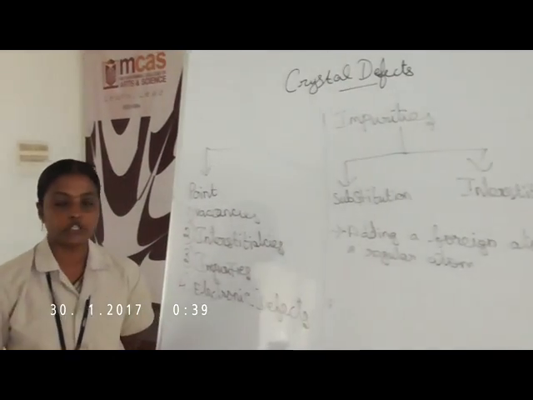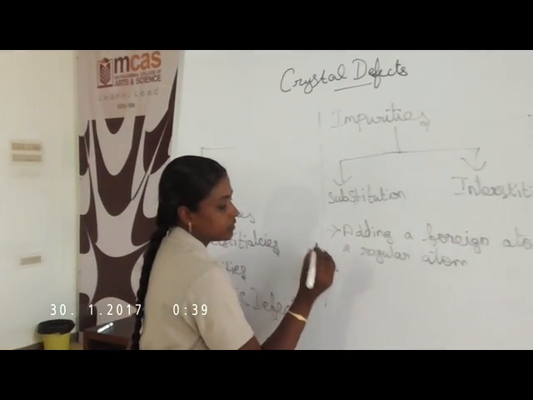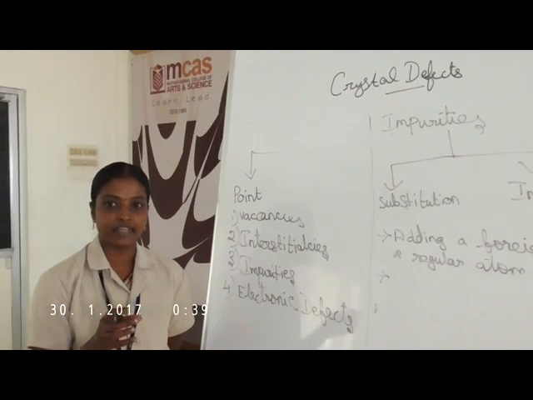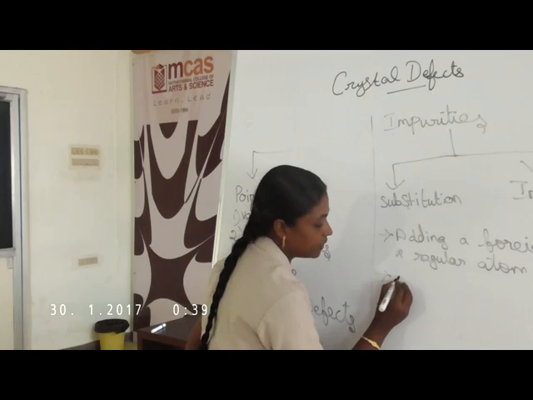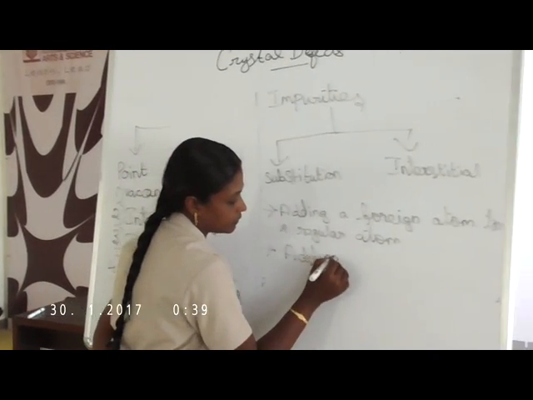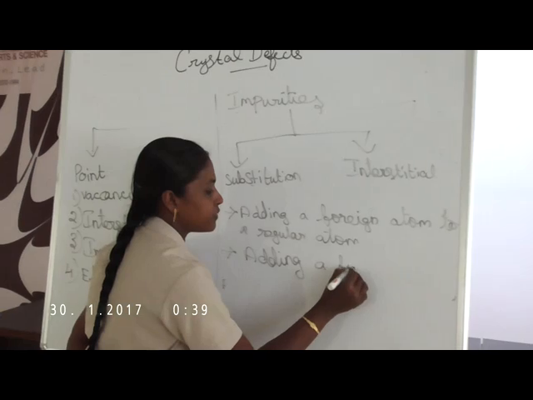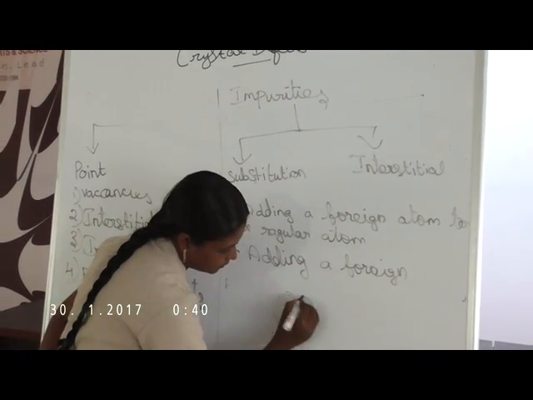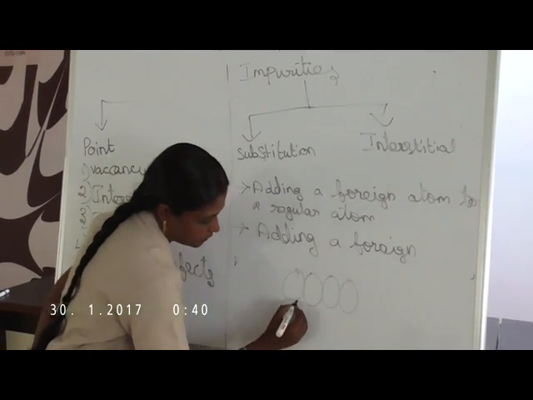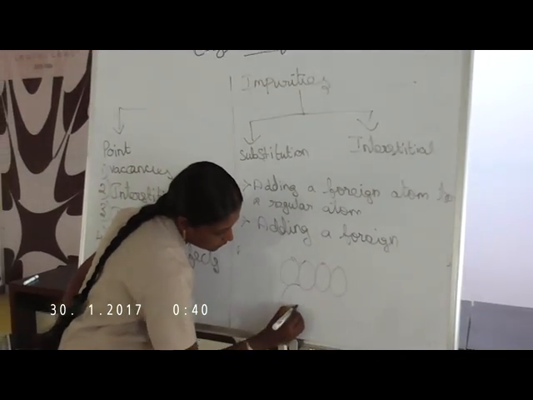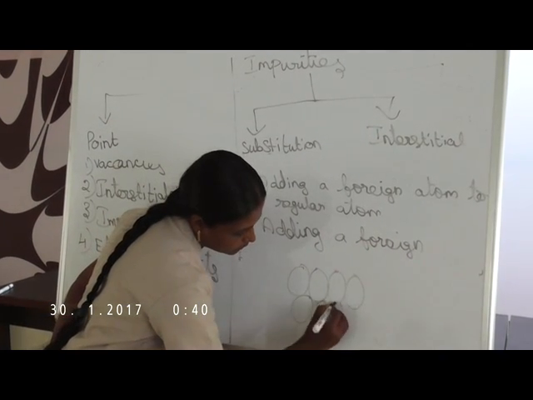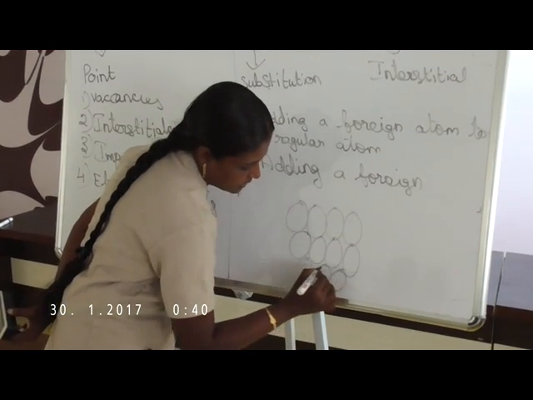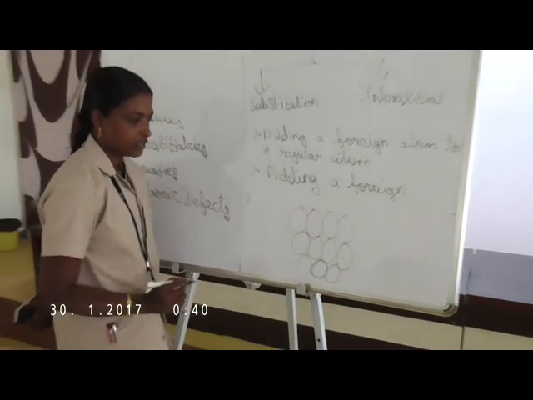Next, what is meant by substitutional impurity? If we substitute a foreign atom for a regular parent atom, it is called substitutional impurity. For example, this is a regular atom in a crystal.